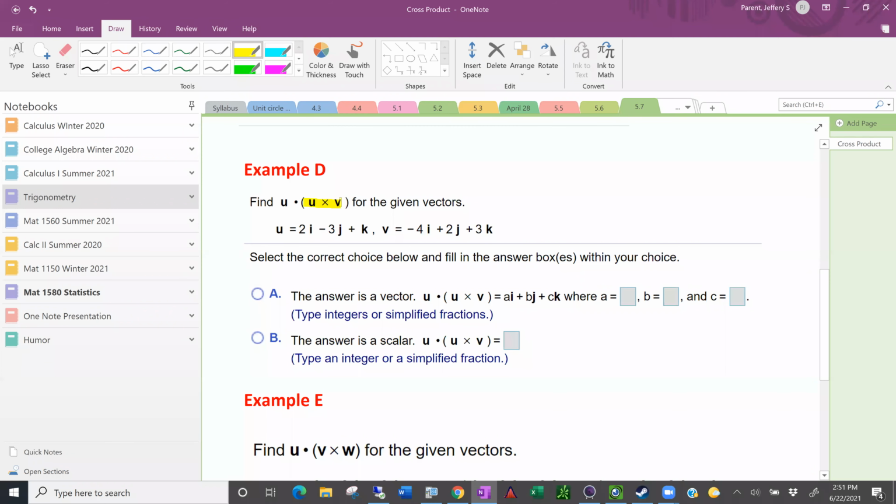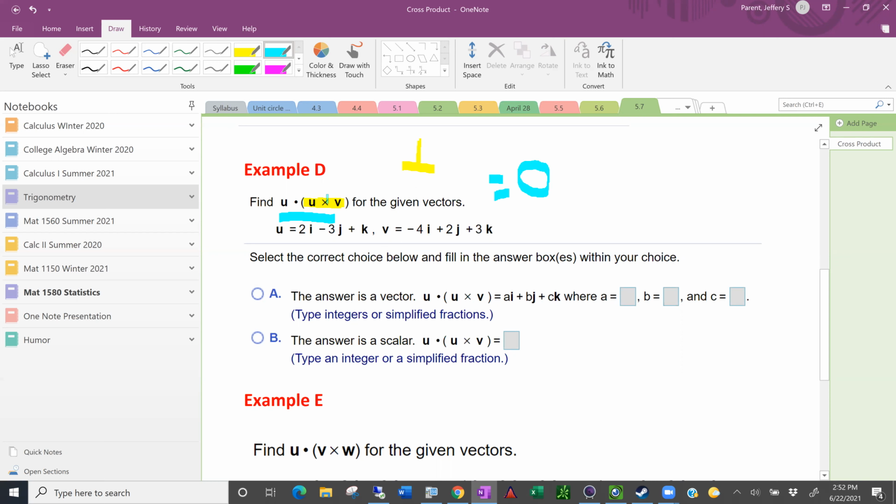Remember, when you do a cross product of two things here, U cross V, you get something that's perpendicular to both of them, right? So I'm going to get a vector that's perpendicular to U and V. Here's the thing. If I then do the dot product of U and something perpendicular to U, the dot product is going to be what? 0.